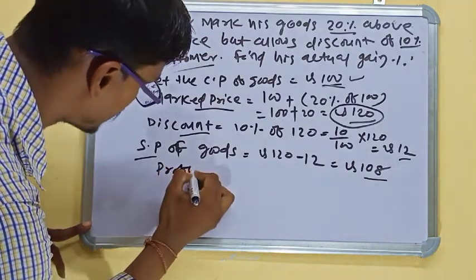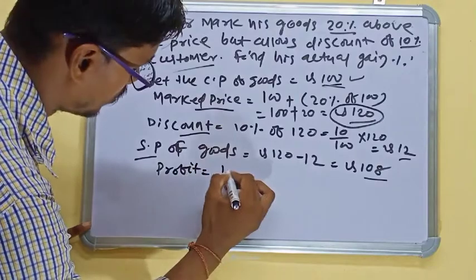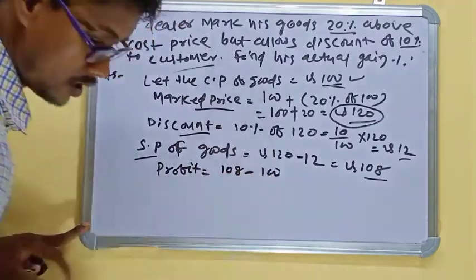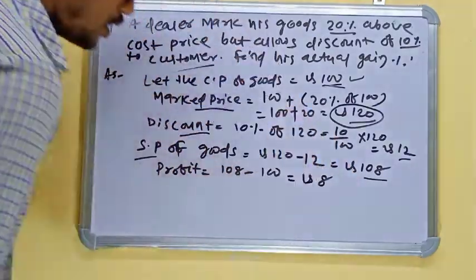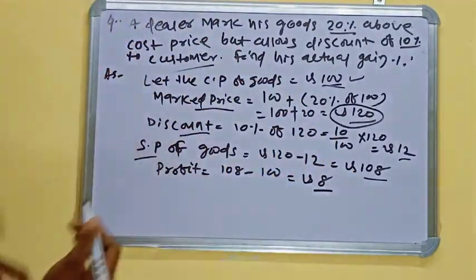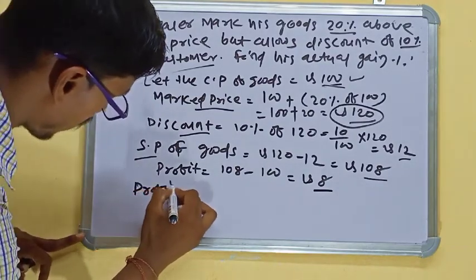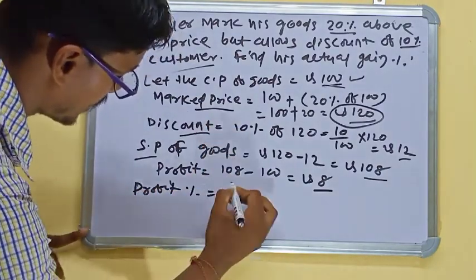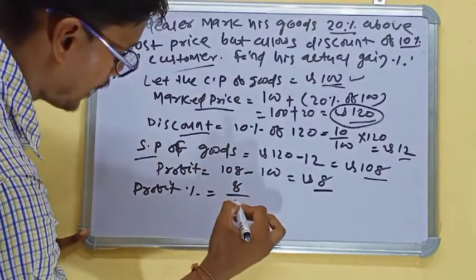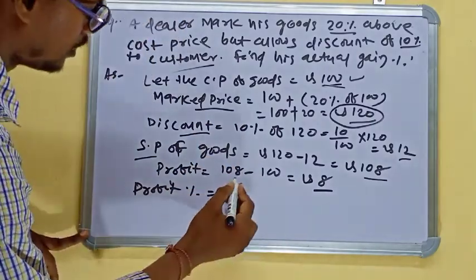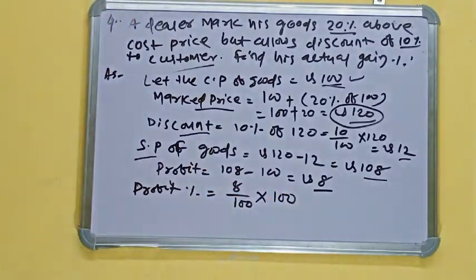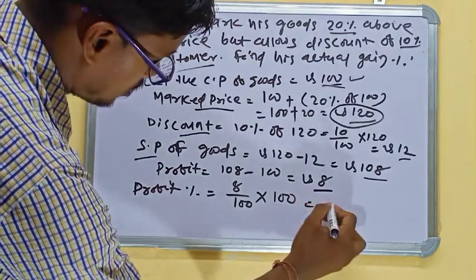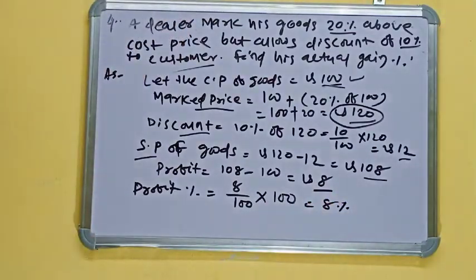Then profit is equal to 108 minus 100, which is equal to rupees 8. The profit amount is rupees 8. Then the profit percentage is 8 by CP 100 into 100, which is equal to 8%.